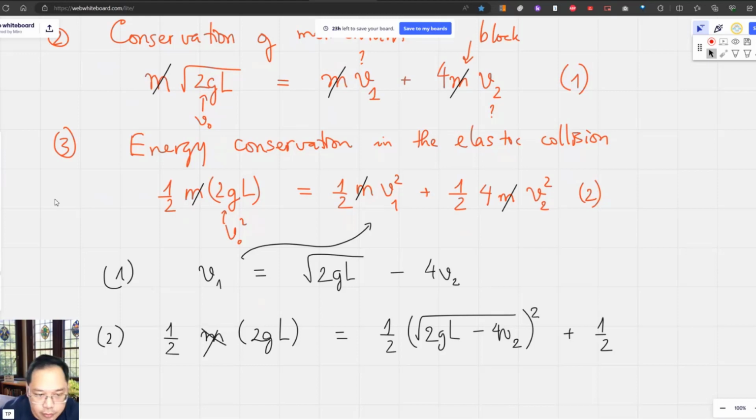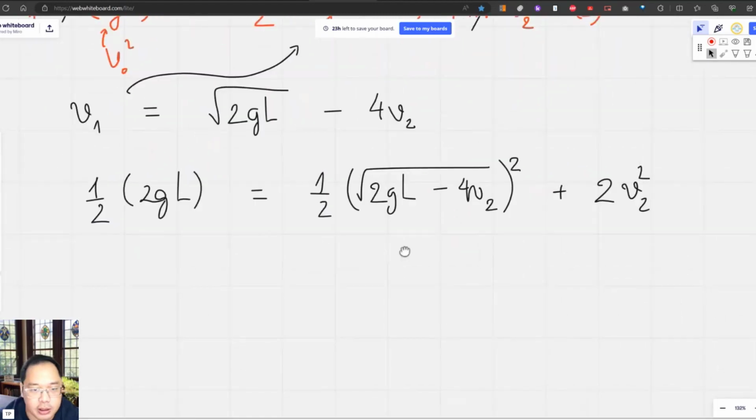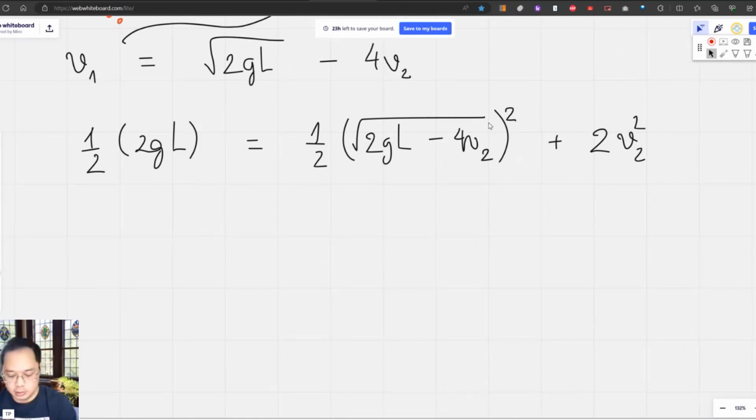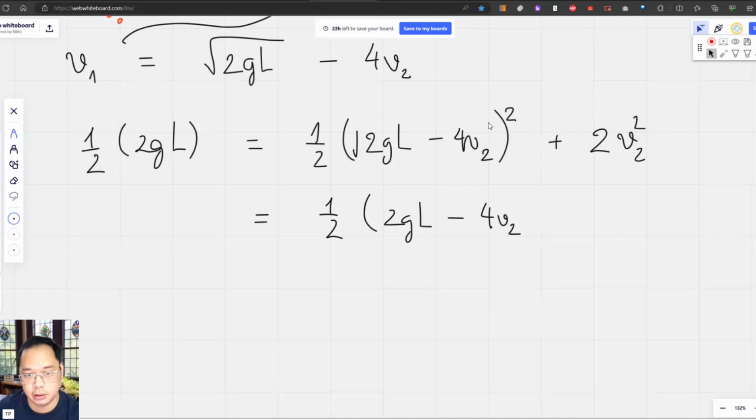This 4 over 2 is 2, so 2 v2 squared. We are finding v2. Now expanding this square. Wait, sorry, the square root only goes to here.